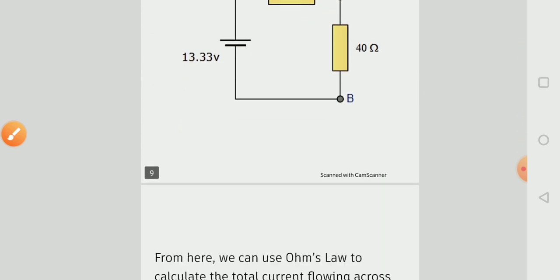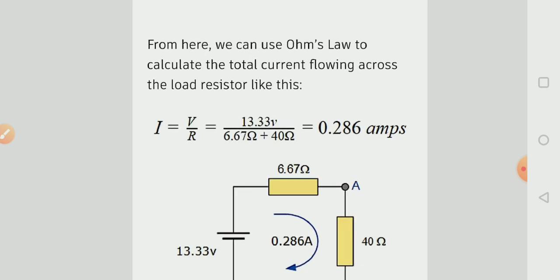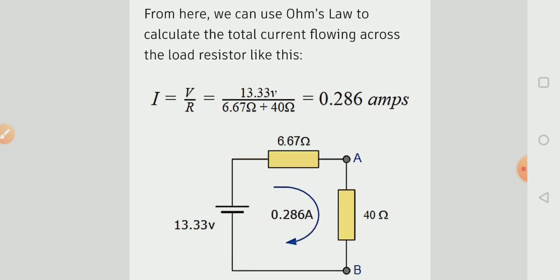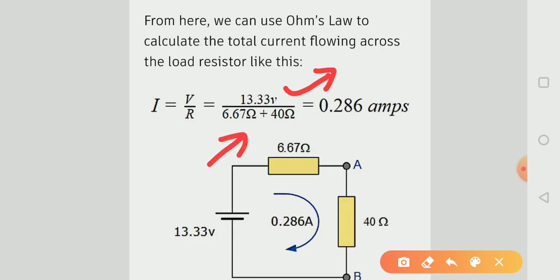So here both resistances, Thevenin resistance and load resistance, look like a series combination. Now if we find the current, we know that V is equal to I into R and I equal to V over R. So here the Thevenin's voltage is 13.33 volt and the Thevenin's resistance is 6.67 ohm and the load resistance is 40 ohm, which is given.